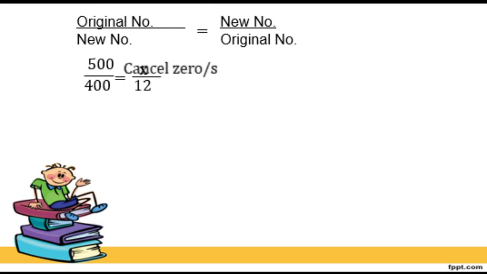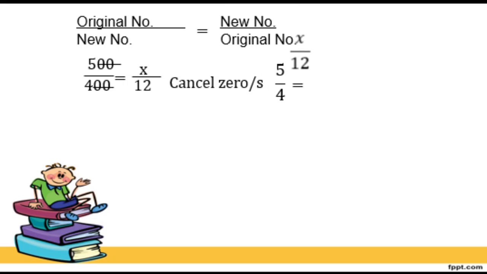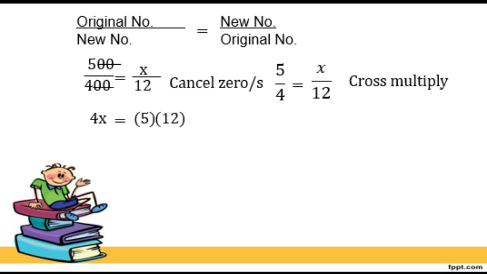Okay, so cross multiply. Cancel the 0 first, so that will become 5 and 4. So 5 over 4 is equal to x over 12. Then cross multiply, so 4 times x is 4x, and 5 times 12 is 60.